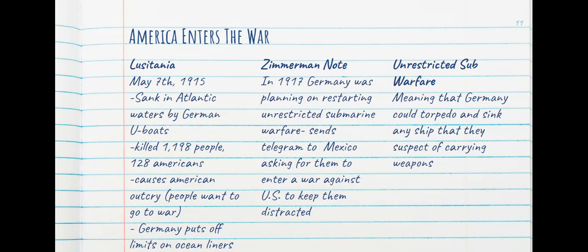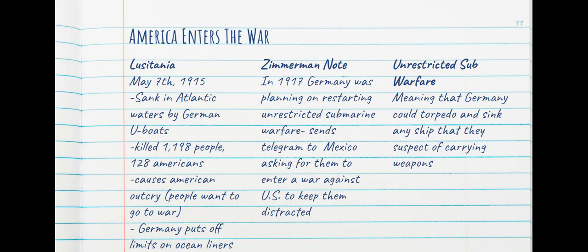Mexico has just come from a huge long civil war. Mexico is not the most pro-American state, and Zimmerman asks Mexico to fight a war against the United States to keep the United States distracted from the war in Europe.